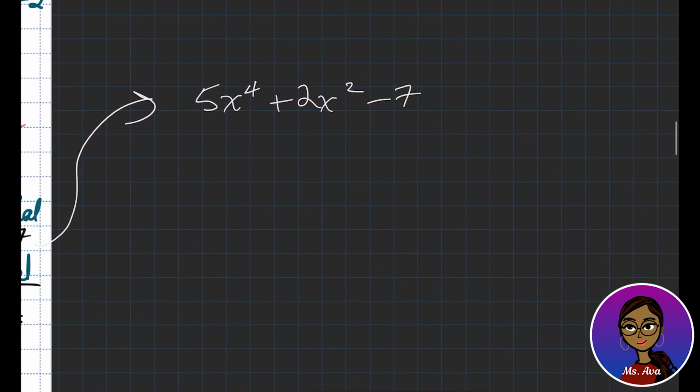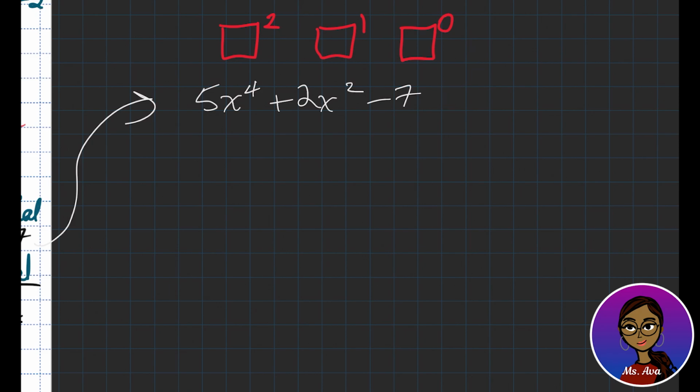And then if we want to put it into a quadratic form, the main thing is that the ratio for the exponents has to be something to the second power, then the next one has to be to the first power, and then the last one has to be to the 0 power. Although anything to the 0 power is just 1, and so that's why we don't even have the x over here, because it just turns into a 1.